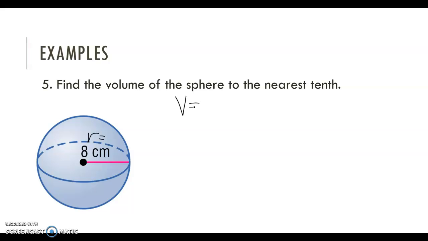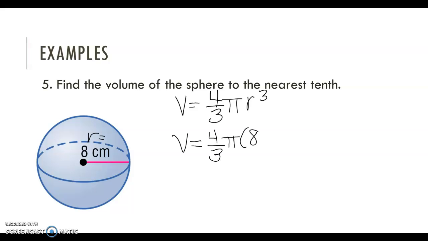So volume is 4/3 pi r cubed. So 4/3 pi 8 cubed. You can type that in. Again, either put that 4/3 in parentheses or multiply 4 times pi times 8 cubed, then divide by 3, same thing.